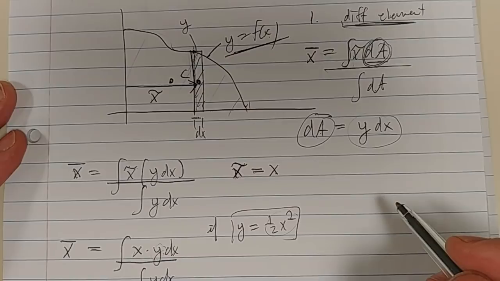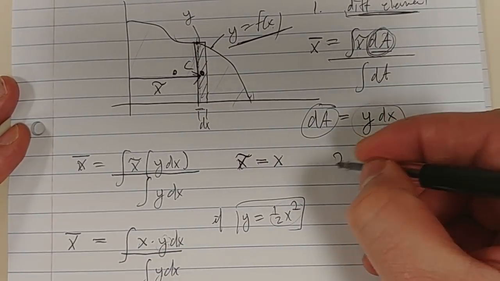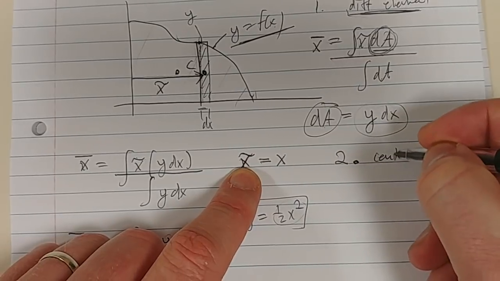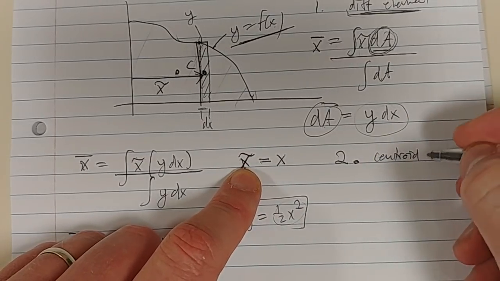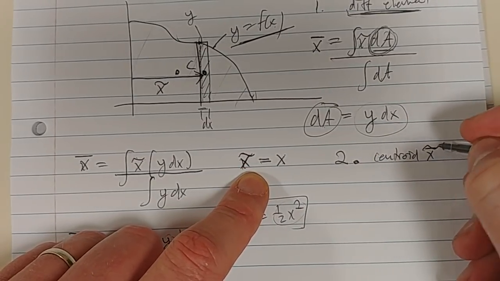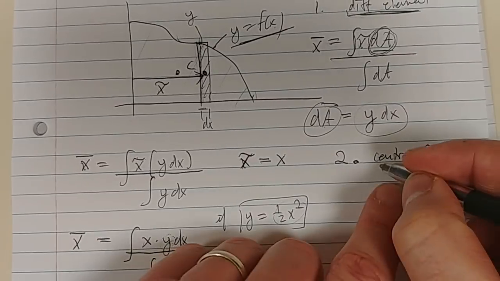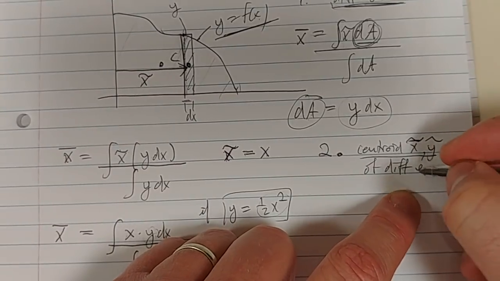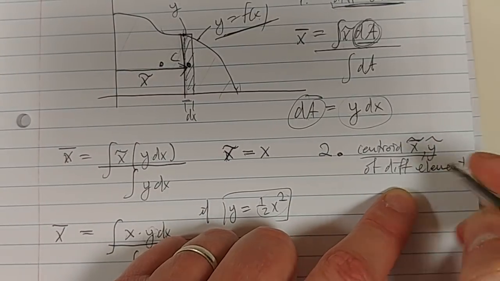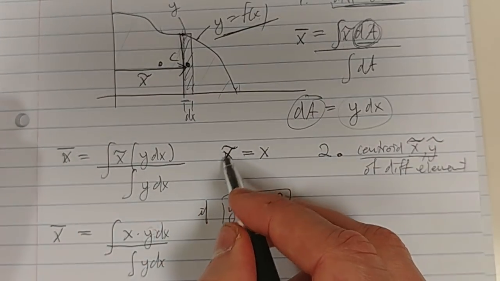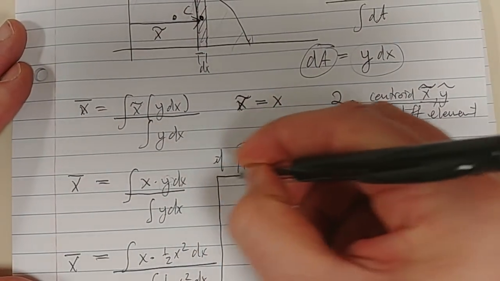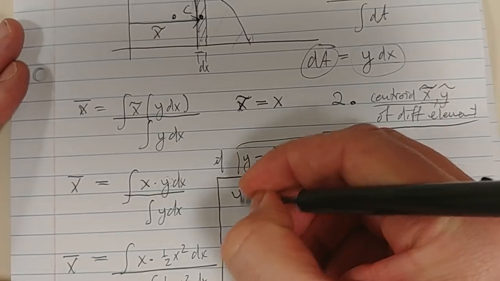And then the second step is the centroid, or rather the x tilde and the y tilde, of the differential element. You need to determine what these are. In this case, x tilde equals x. Now, what about y bar?